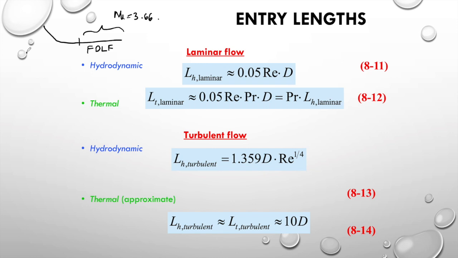So here is the developing entrance region, DLER, developing laminar entrance region. At this point, your Nusselt number would be the Nusselt number under developing laminar flow. So you have 3.66 plus and so on.